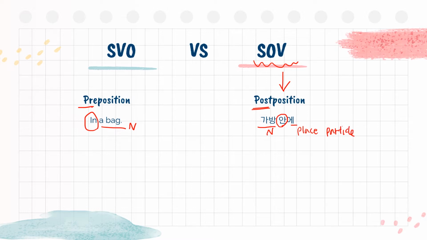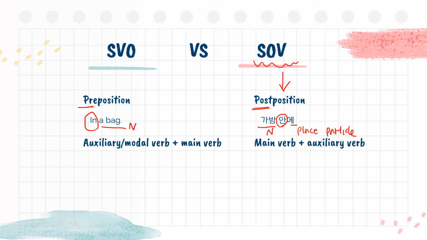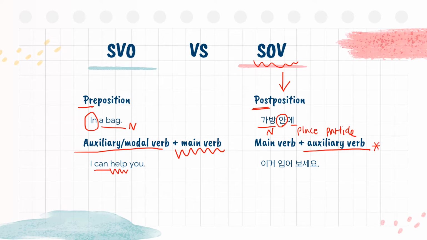And in English, auxiliary verbs and modal verbs are placed before the main verb. I can help you. Can is before the main verb help. In Korean, we also have something like auxiliary verbs. Not exactly the same, but it is like helping verbs. For example, 이거 입어보세요.